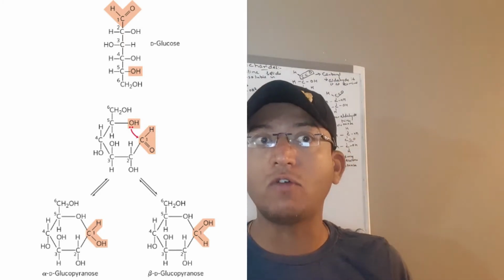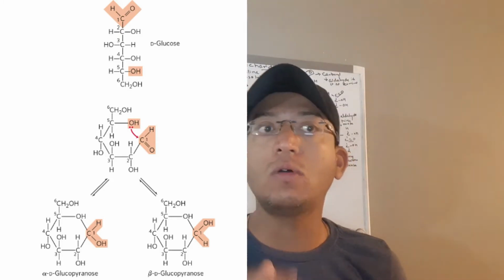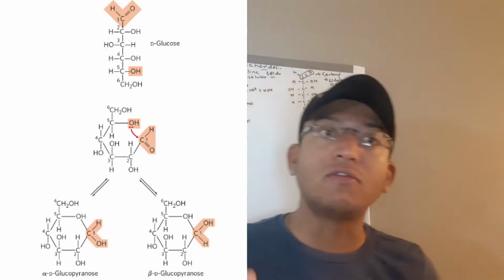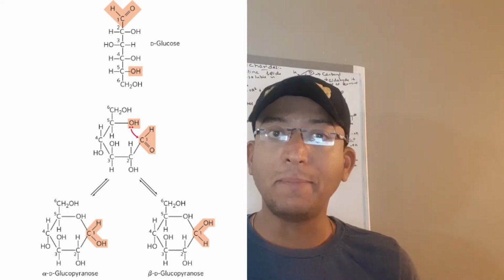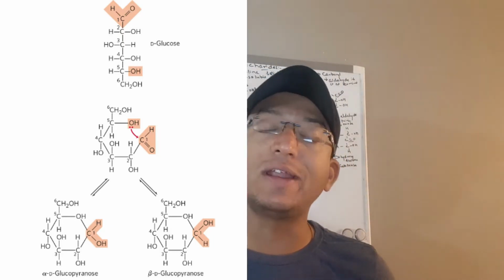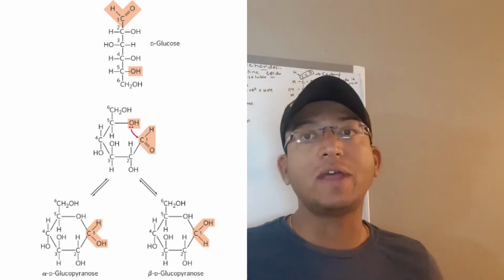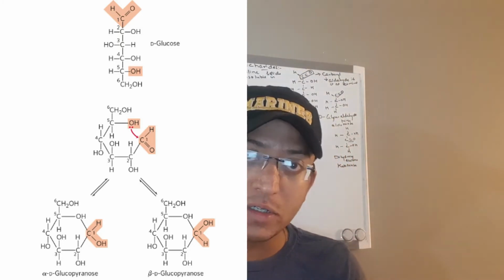So this is how the ring form is made, rendering the latter carbon asymmetric and producing the two possible stereoisomers designated alpha and beta. The isomeric forms of a monosaccharide that differ only in their configuration about the hemiacetal or hemiketal carbon atoms are called anomers, right?